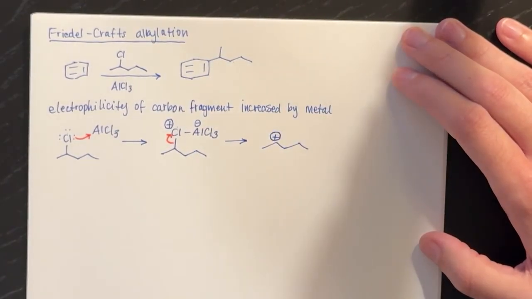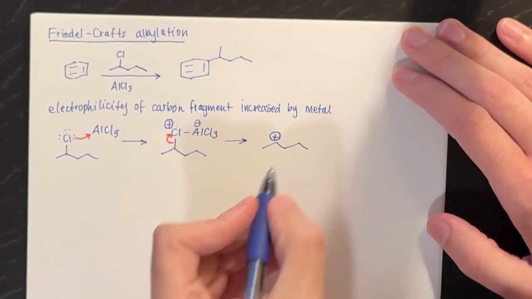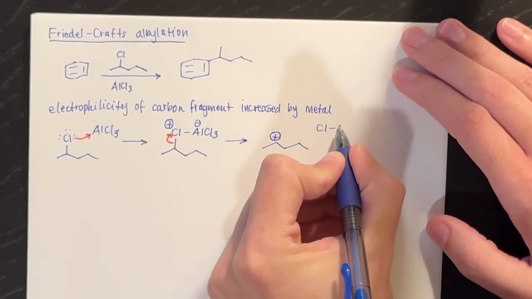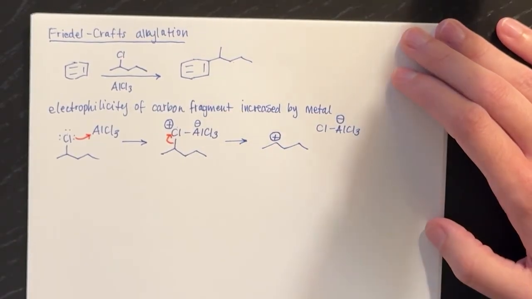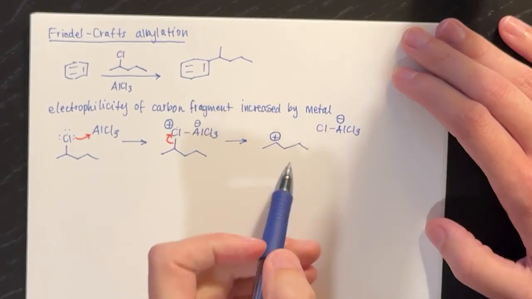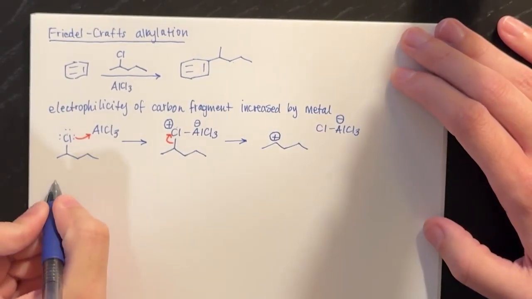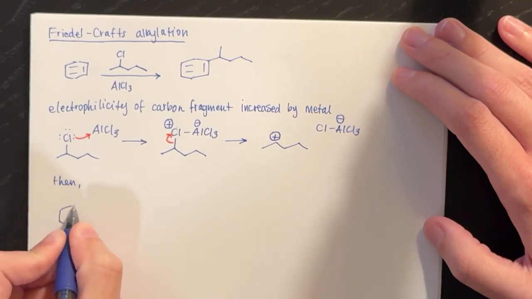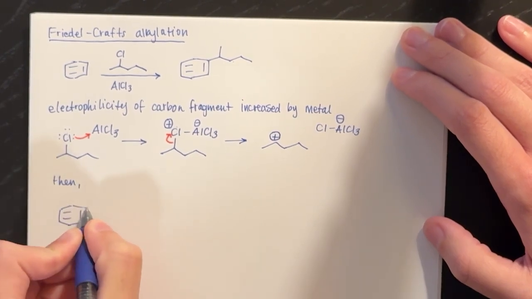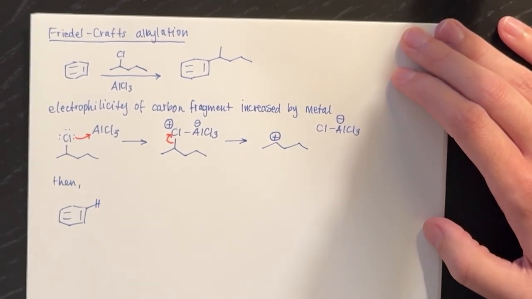a carbocation. Now we know that carbocations are electron poor, and so they're going to be good electrophiles. So what happens to our carbocation? We'll take our benzene ring with our explicitly drawn hydrogen.